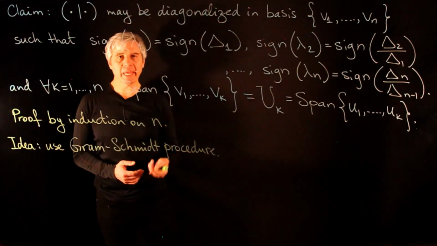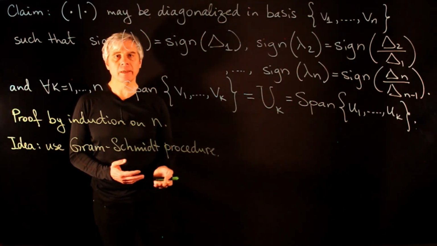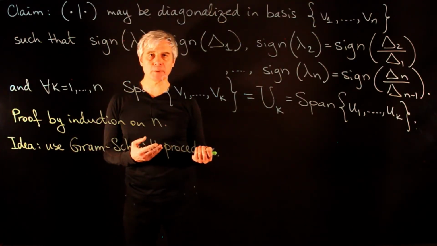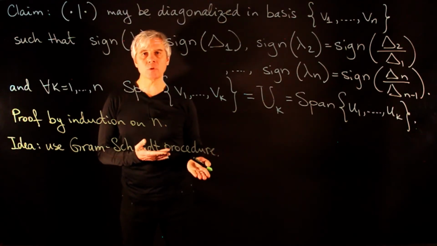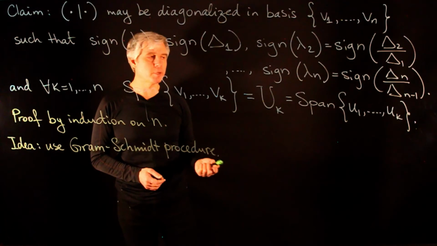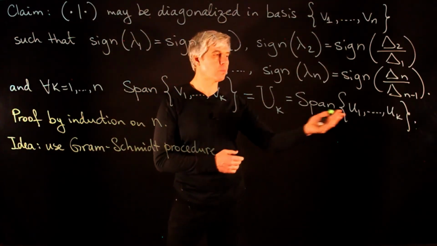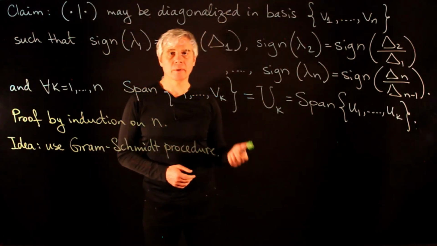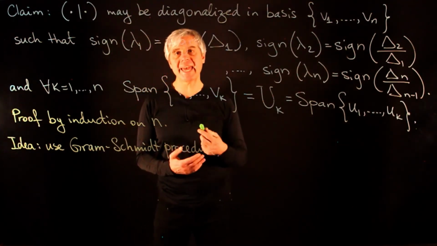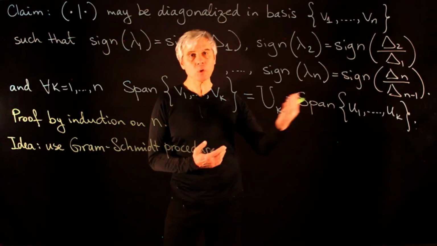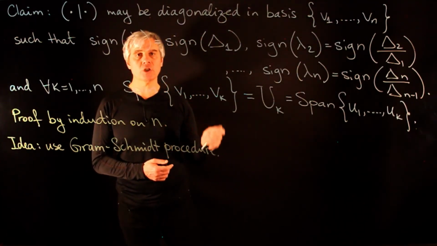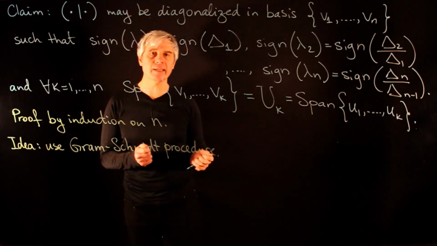Gram-Schmidt procedure, as we previously have discussed it, allowed us to take a non-orthonormal basis of a subspace and convert it into an orthonormal basis of a subspace. Here, we will do the opposite. We may start with an orthonormal basis of Rn, but in which the matrix of a given bilinear form is non-diagonal, and then convert it into a non-orthonormal basis, but in which the given bilinear form diagonalizes.